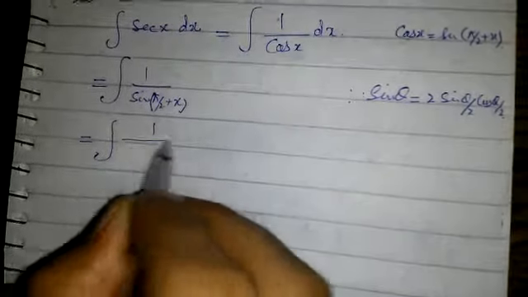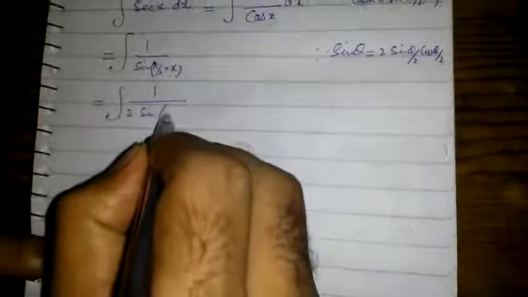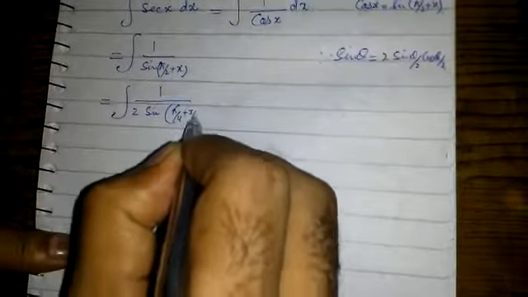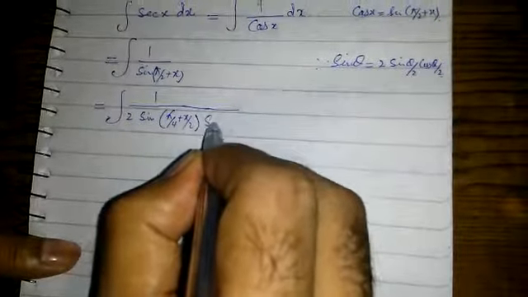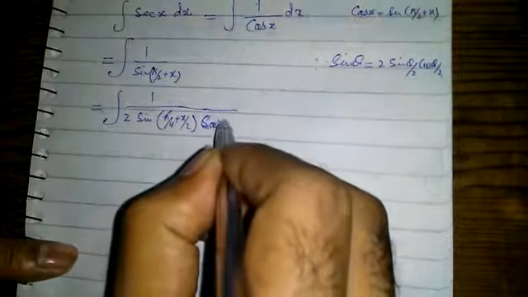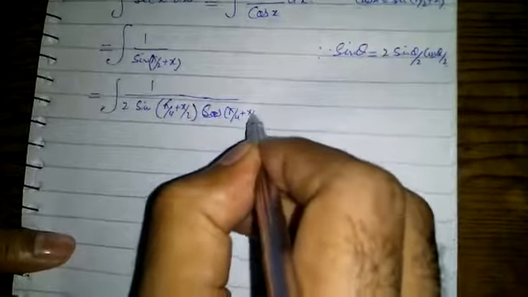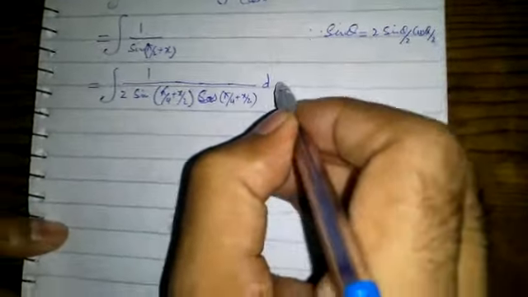integral 1 over 2 sine of pi by 4 plus x by 2 into cos of pi by 4 plus x by 2, using the double angle identity, into dx.